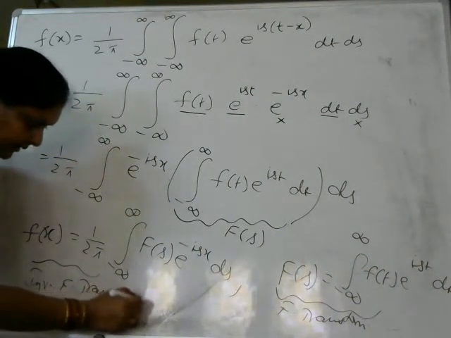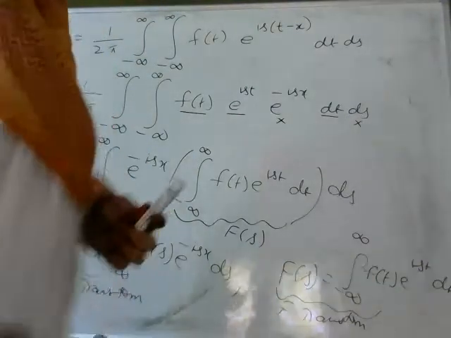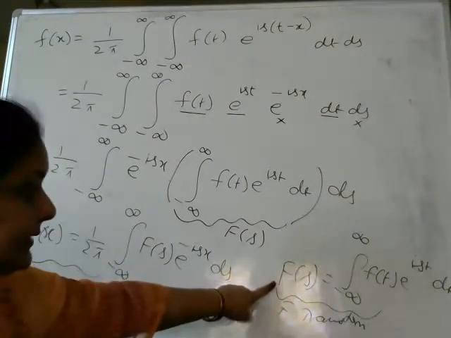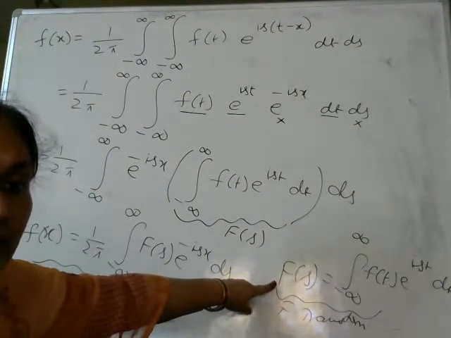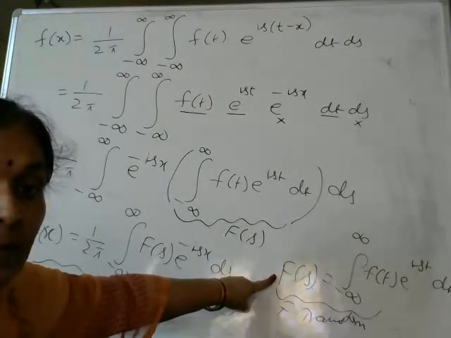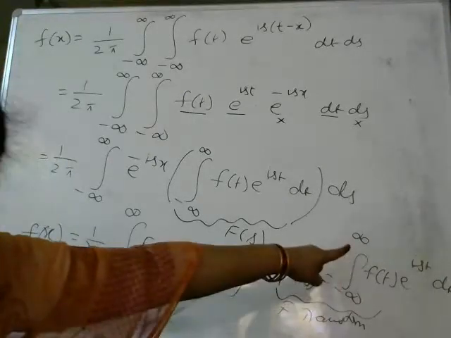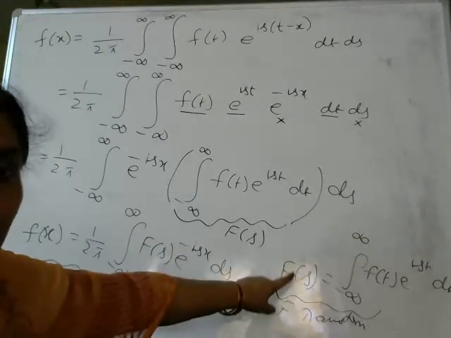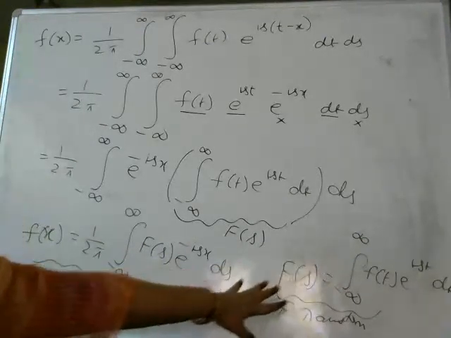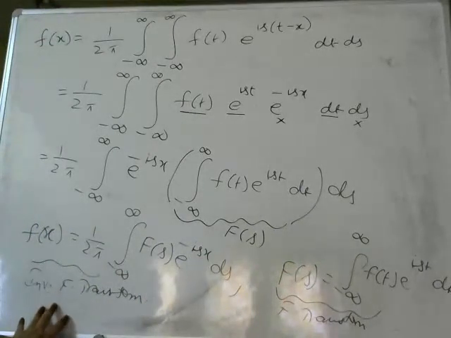See that we have both the transform as well as the inverse transform in the same integral value. Wherever you come across, if you want to find a Fourier transform, this is the definition: capital F applied on f of x, integral minus infinity to infinity f of x e to the power of isx dx. So this is a Fourier transform for a function f of x or f of t. Similarly, if you write it in the reverse way, this is called the inverse Fourier transform.